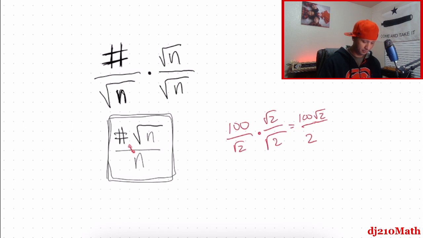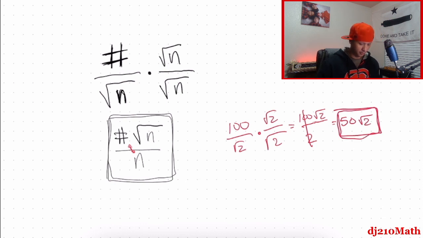And then here, the 100 and the 2 will cancel, right? Because those two numbers are both outside of the square root. 100 divided by 2 is 50. And then root 2. Okay. And you can literally do this with any numbers. So hopefully this clears up some things.